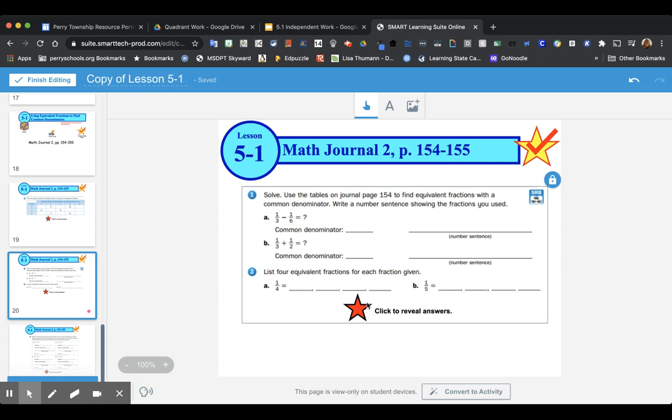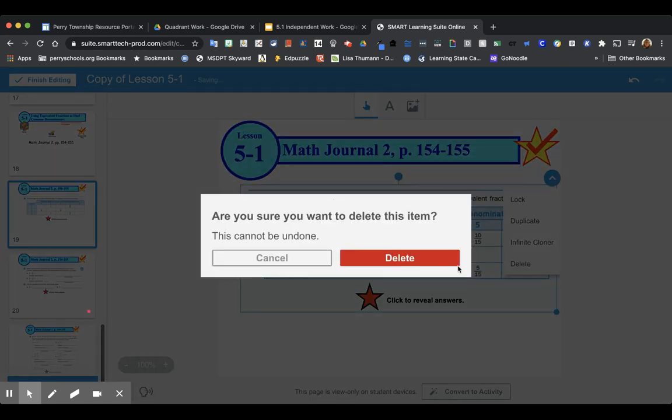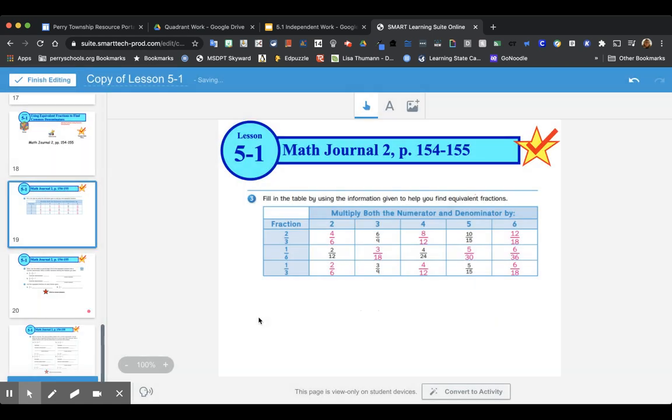All right, let's check these answers for the table, all of your equivalent fractions. I'm going to read them off. You can look at them. 2/3 is equivalent to 4/6, 6/9, 8/12, 10/15, and 12/18. 1/6 is equivalent to 2/12, 3/18, 4/24, 5/30, and 6 over 36.